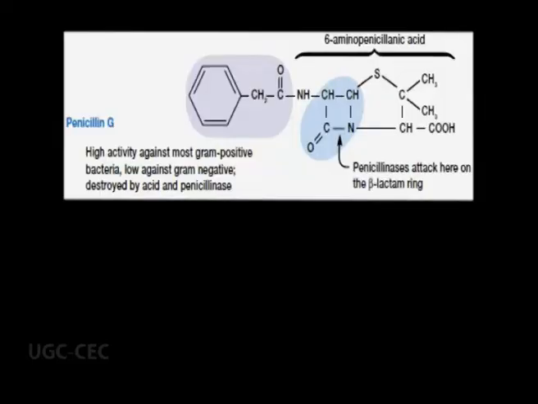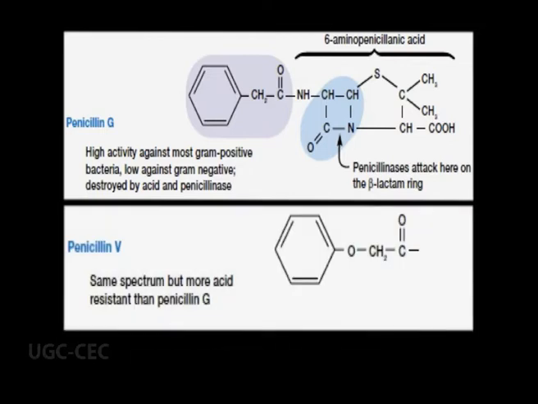Naturally occurring penicillins comprise two types. One is called penicillin G and the other is called penicillin V. Penicillins were initially supposed to execute their killing effect only on gram-positive bacteria, so the naturally occurring penicillins, G and V, are both effective only against gram-positive bacteria.